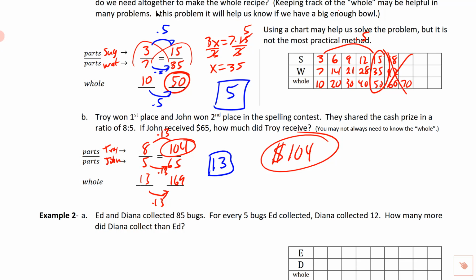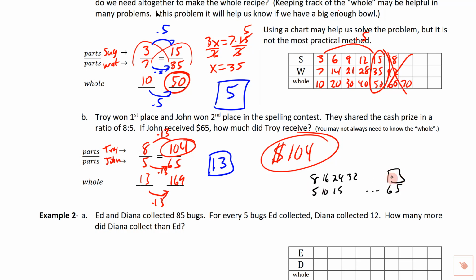Now, the reason I really don't like this method right here is if we were to go through and do this problem that way, we'd have to start off with 8 to 5, and then we would count by fives until we got to 65. So this would be 10 and 15 all the way up to 65, and then we'd have to count by 8. So this would be 16, then 24, then 32. We'd have to find the one that matches up there.